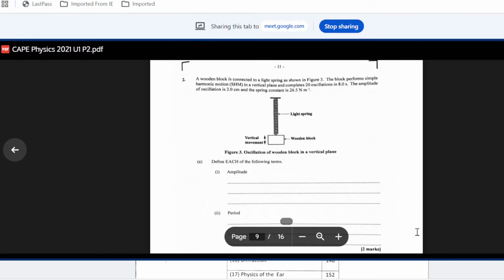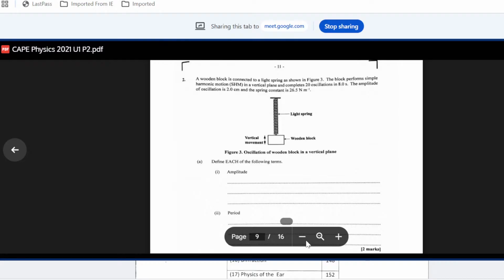So I believe that it is 0.314. That's coming from the equation Vmax equals amplitude times angular frequency.